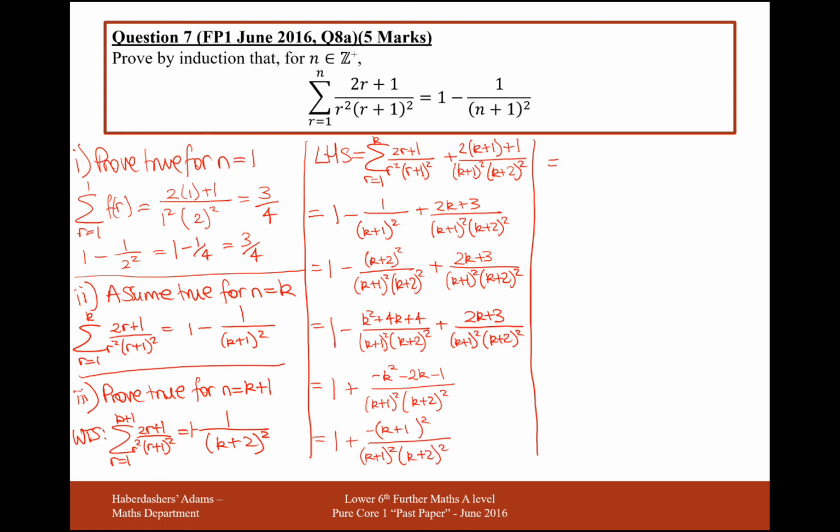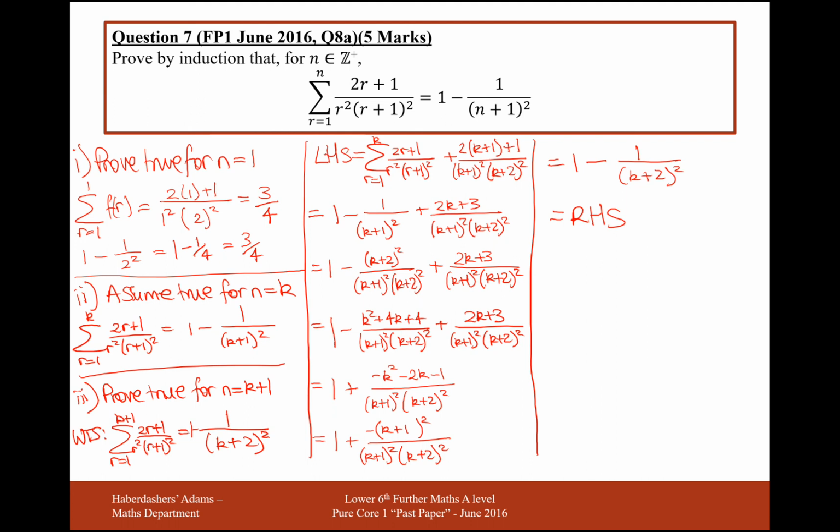So I'll pull out the negative to the front, so it's 1 minus, and then cancel out the (k plus 1) squared, and I get 1 over (k plus 2) squared. Excellent. So what this gives me is left hand side equals right hand side on the want to show for part 3. Great. All that's left to do now is to write out the conclusion for part 4.